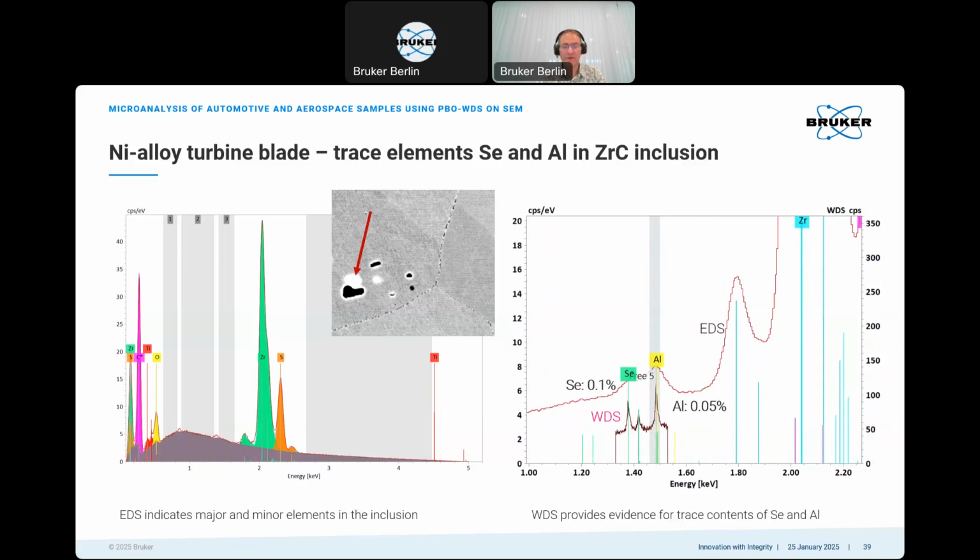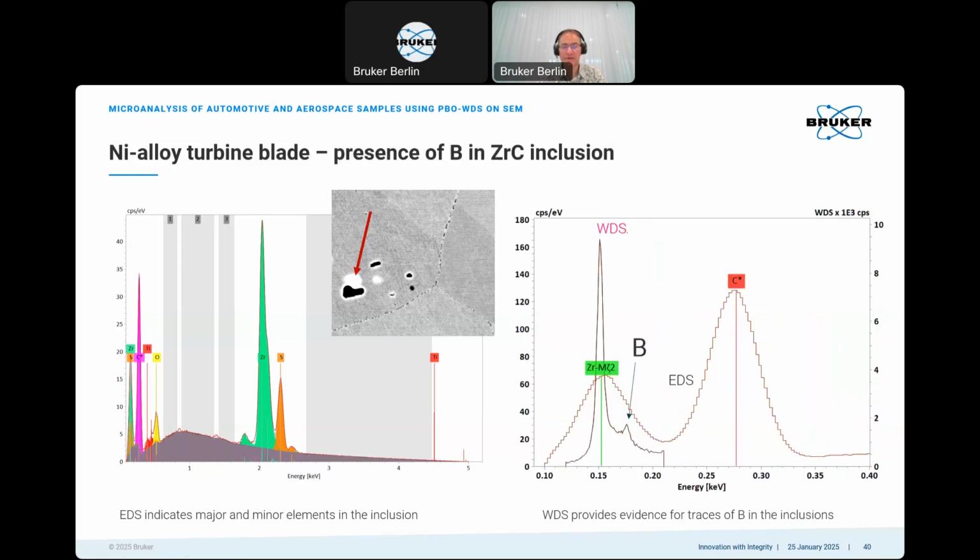And we can further investigate these inclusions for trace elements, and we find here selenium, 0.1% in the sample, and some traces of aluminum, 0.05%. So this can nicely be shown by the WDS. And at the low energies, we can also find some contents of boron.